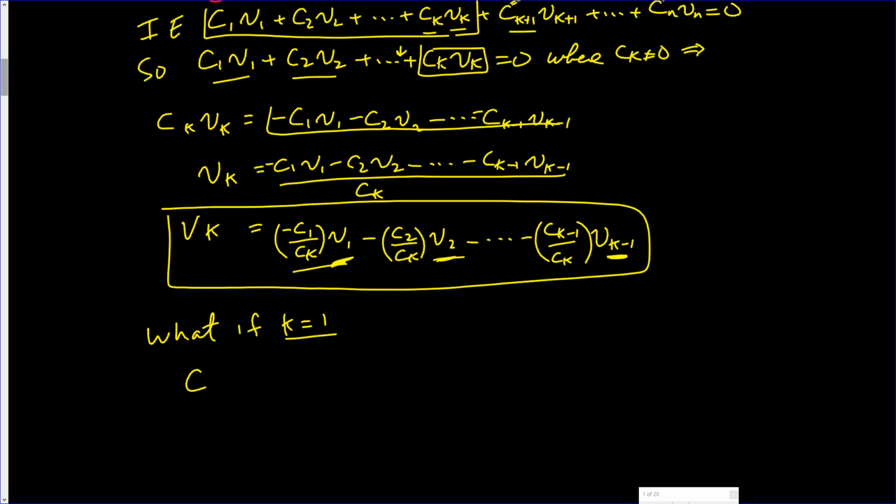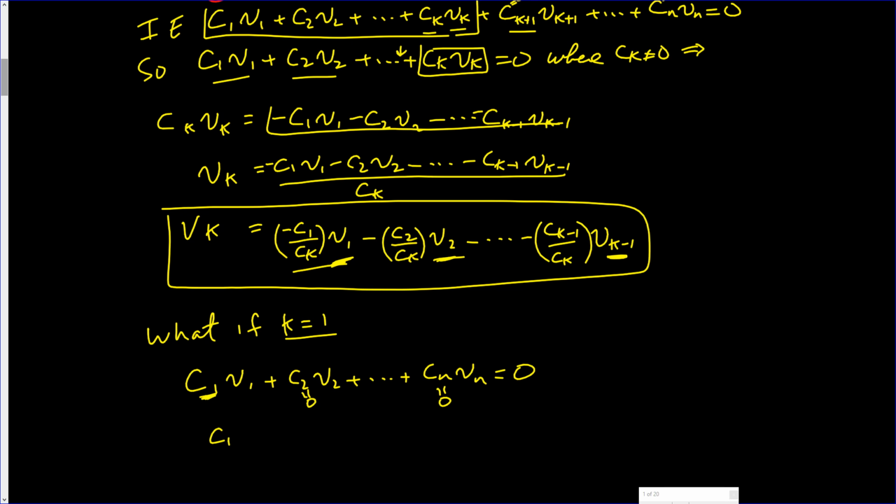Remember, we had C1 V1 plus C2 V2 all the way up to Cn Vn equal to 0. If this is the last one that's not 0, that means all the others are 0.